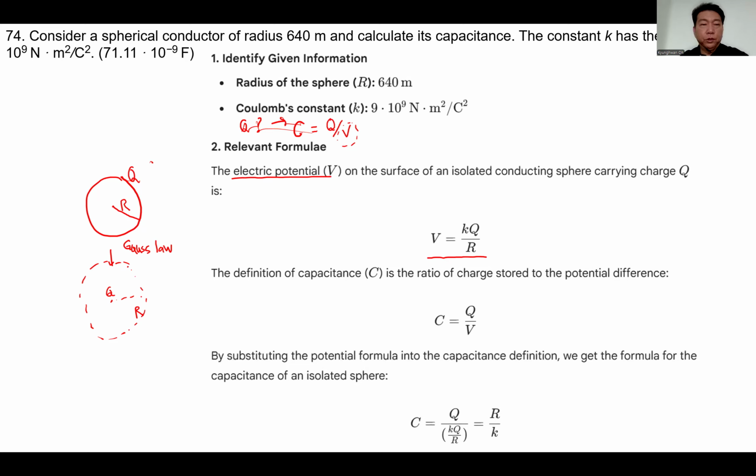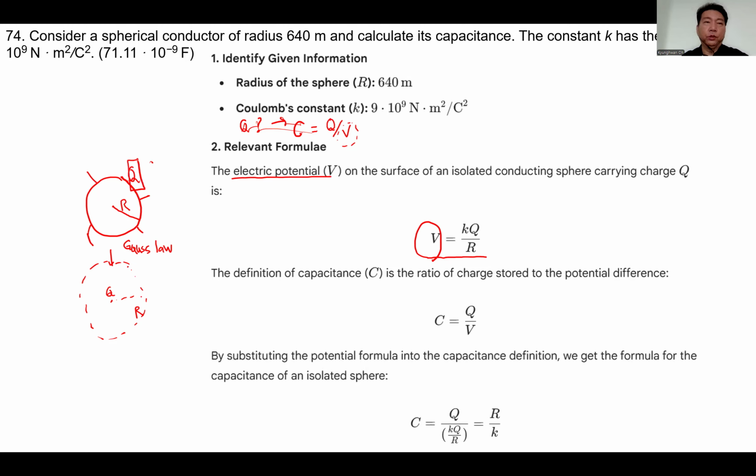And note that it is equipotential. So anywhere on the conductor, here, here, here, here, it has the same potential. And then we found the potential for an arbitrary charge Q.